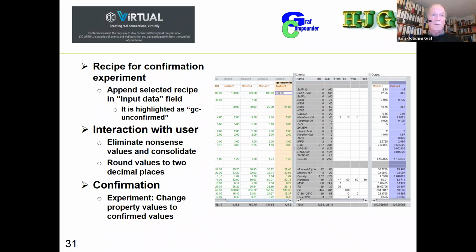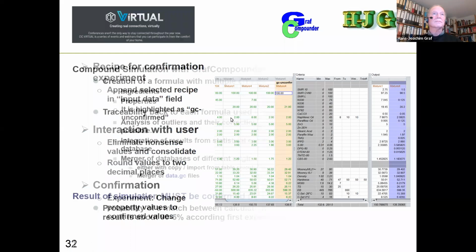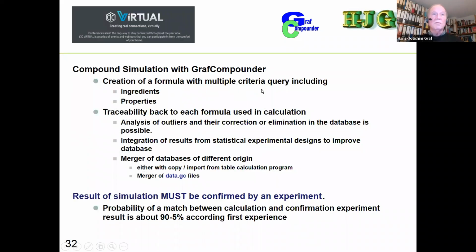With this confirmation experiment, my expectation is that you have a match inside the 95% confidence interval, which is mostly a little bit outside the measurement error. So what we do is we have a multiple query, we have ingredients and properties, we can trace them back, we have outliers and their corrections, and we can do mergers, so we can get other data in, or we can eliminate, but at the end we have to confirm.